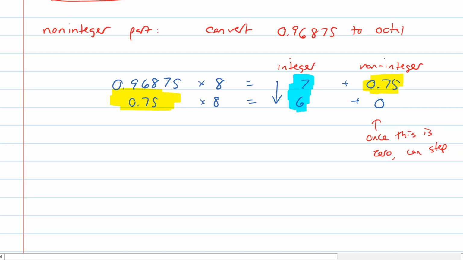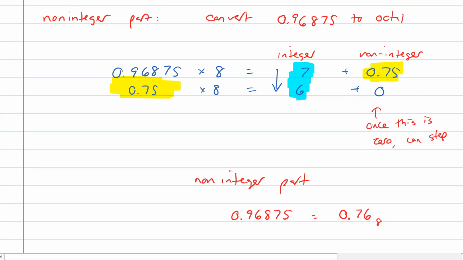And so we can say then that the non-integer part, 0.96875, is equal to 0. Remember that 0.96875 is a number that's less than 1, so in octal it'll also be less than 1. So to the right of the octal point, or the radix point, we write the 7 and the 6 from our integer column that I've highlighted in blue. And I have to remember that that's base 8.